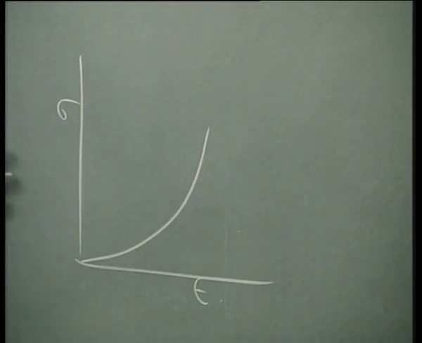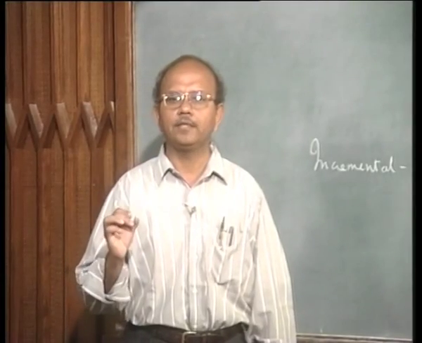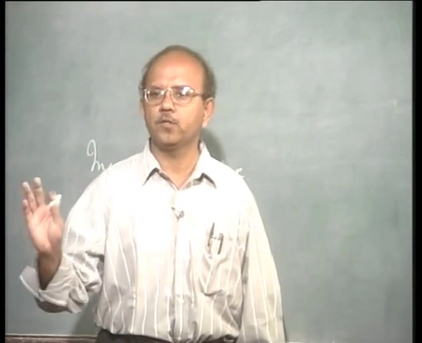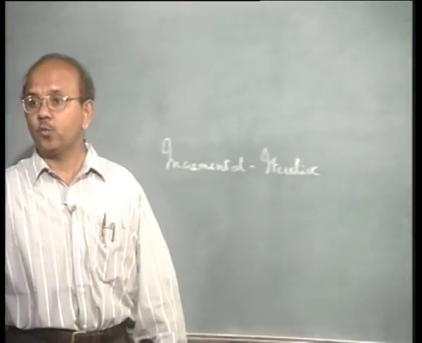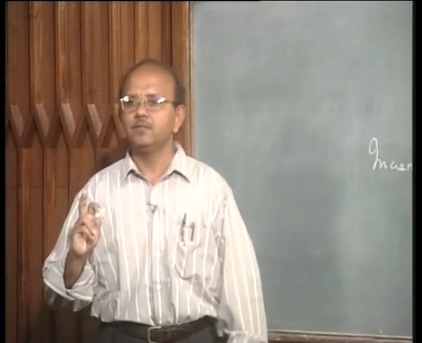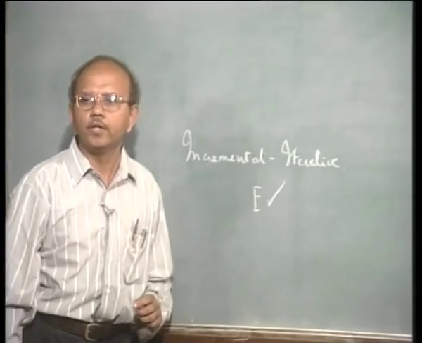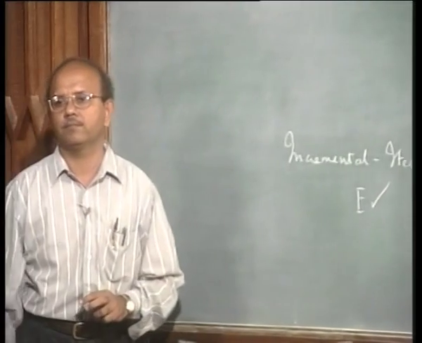So, the slope keeps varying. In the linear case, we calculated stiffness matrix K. Remember how we calculated it? We calculated stiffness matrix K with the Young's modulus E and of course Poisson's ratio nu, and we used only one Young's modulus, which is the initial stress strain curve, and so E was good enough for me to be used.